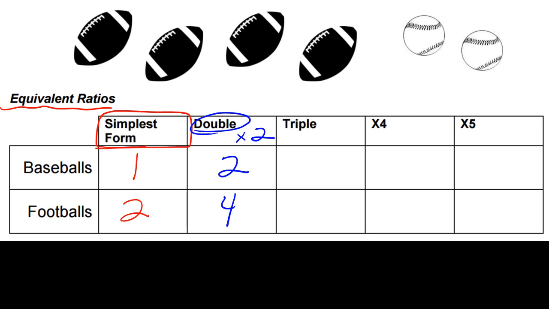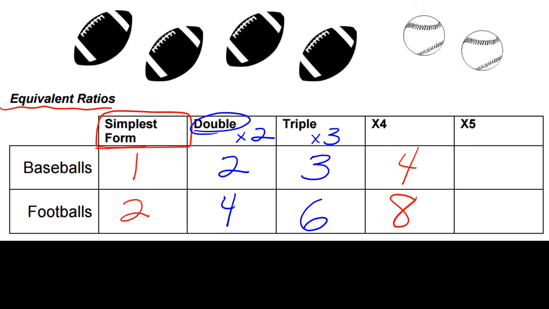What happens if I triple the simplest form? If I do times 3, I can say that you might have 3 baseballs and 6 footballs. That's actually the same as our simplest form of the ratio: for every 1 baseball, there are 2 footballs. And then if I do times 4, I can do 4 baseballs for every 8 footballs.